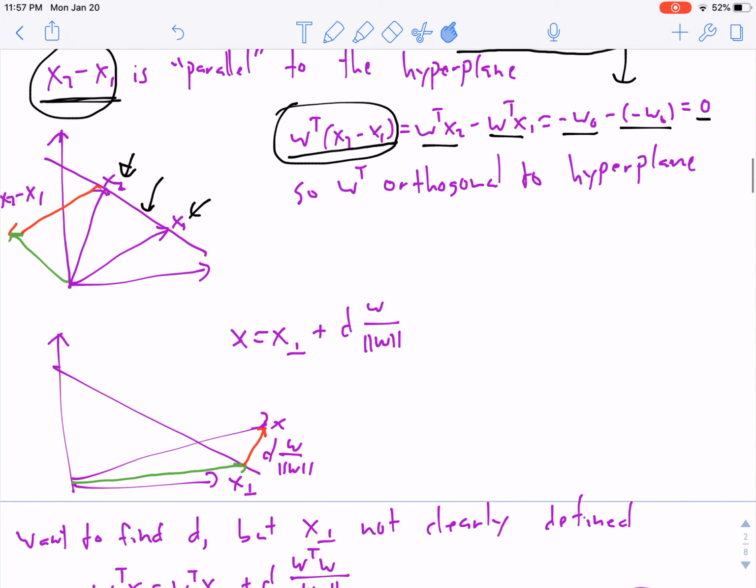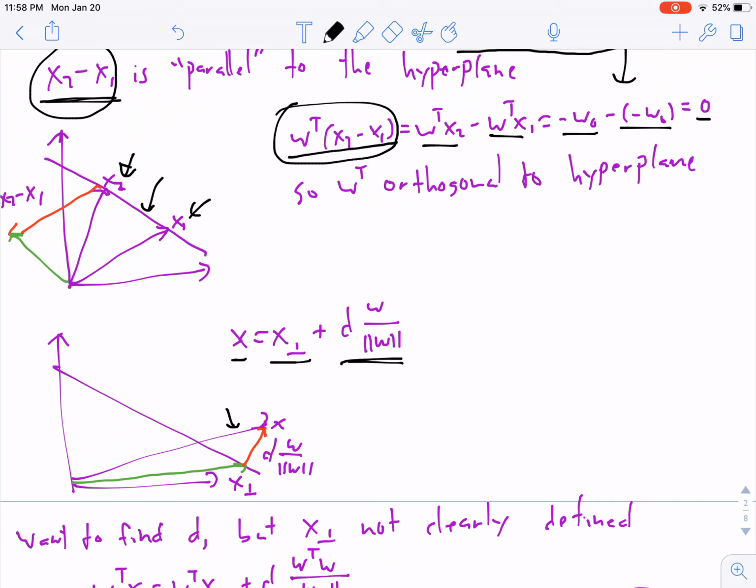Great. So now that we have a vector that's orthogonal to the hyperplane, we can use that to measure orthogonal distance from the hyperplane. So for any data point x, we can split it up into an x projection, which is x projected into the hyperplane, plus a vector that is orthogonal to the hyperplane. I've drawn that here below.